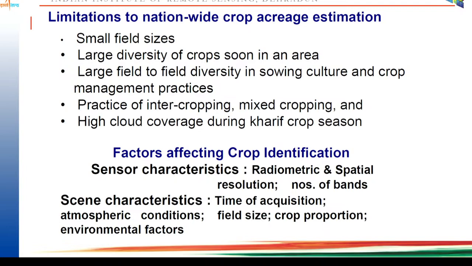We need to depend only on microwave remote sensing satellites, which are also in limited frequency across the world. Different factors like radiometric resolution, time of acquisition, atmospheric parameters and environmental factors all affect crop acreage estimation.